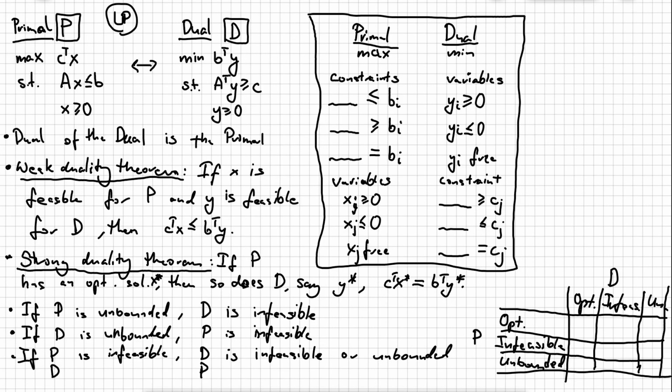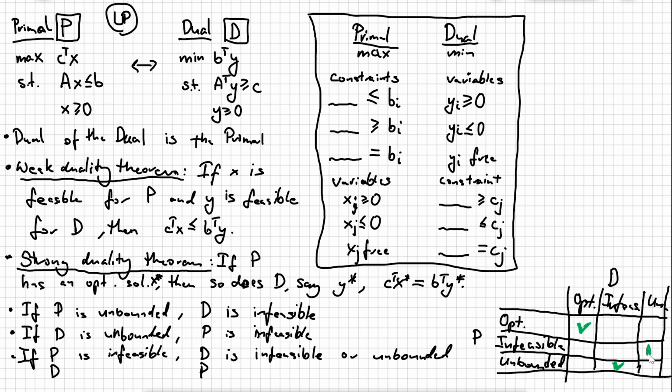So we said, first of all, if one has optimal solution, then so does the other, and their values will coincide. So this is definitely possible. We also said if primal is unbounded, this case, then dual must be infeasible. So this case is definitely possible. And if dual is unbounded, the same thing happens for primal, the primal must be infeasible.